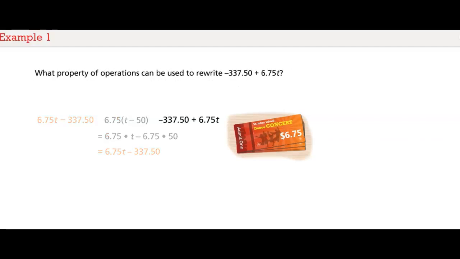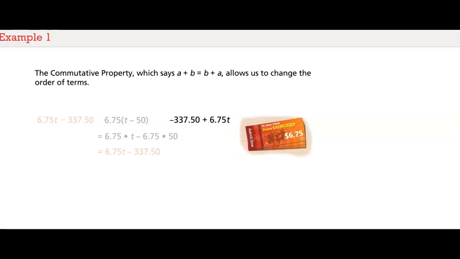What property of operations can you use to rewrite negative 337 50/100ths plus 6 75/100ths times T so that you can compare it to the other two expressions? The commutative property, which says A plus B is equal to B plus A, allows us to change the order of terms.